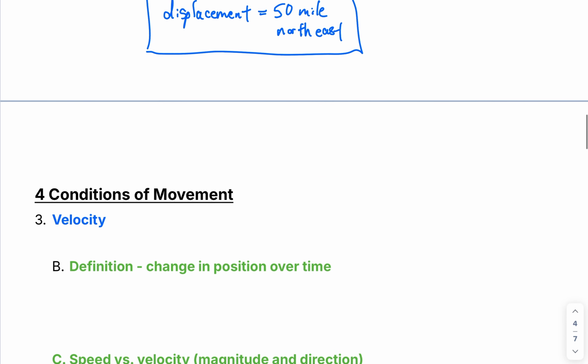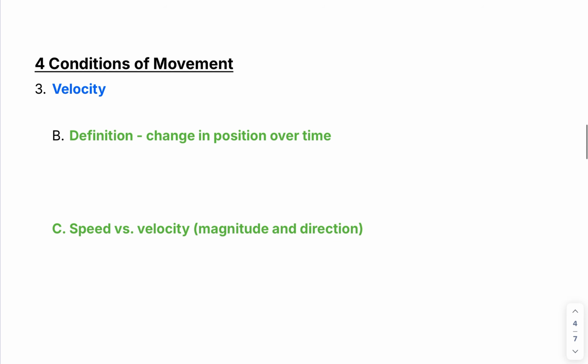Okay, so let's move on to the third condition. Third condition is velocity. Now velocity is defined by the change in position over time. So let's go ahead and write that down.